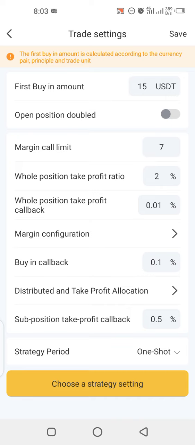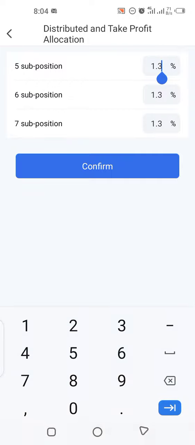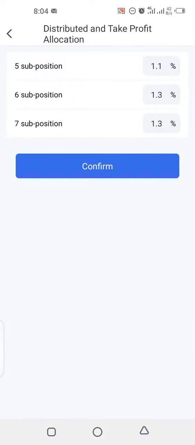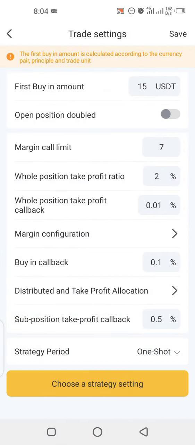Okay, so I confirm, and then I come to the distributed take profit allocation. Here, you want your robot to sell not with a high take profit. Why? Because you want it to sell, then it sells the other big one where you had put your high take profit. So this one is okay. 1.1 is more efficient, or 1.3 is also okay. And there we go.